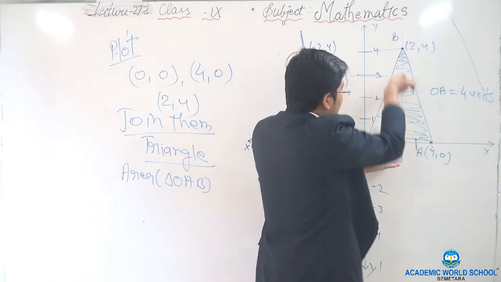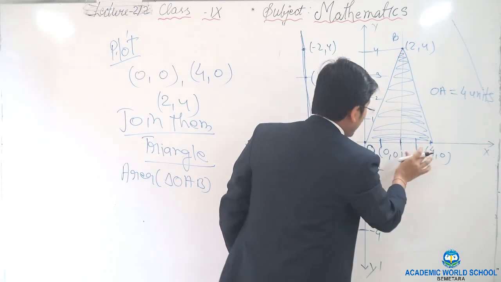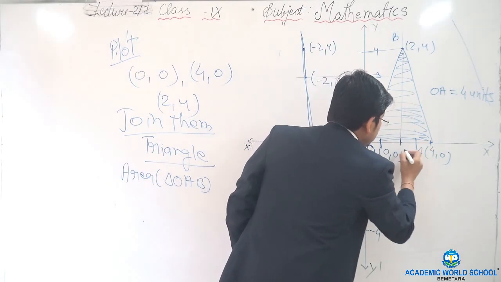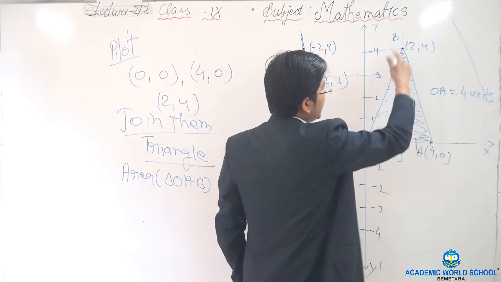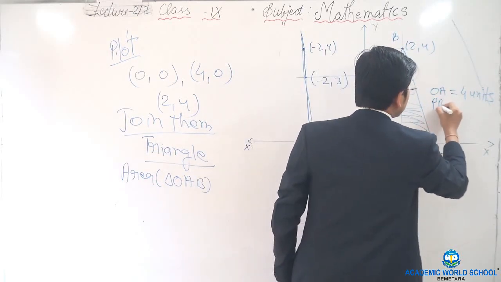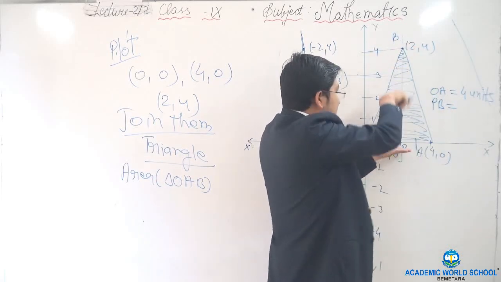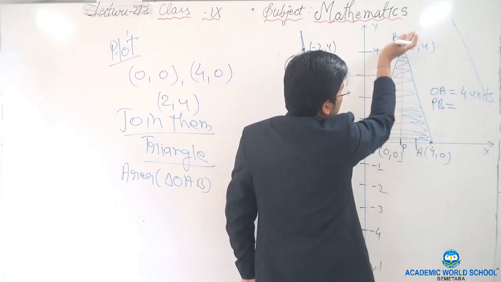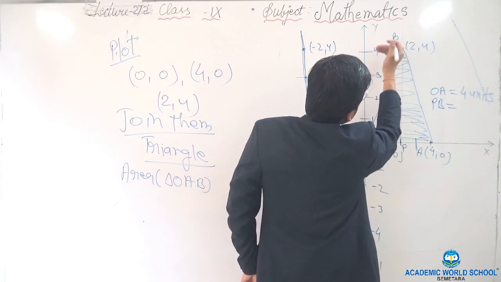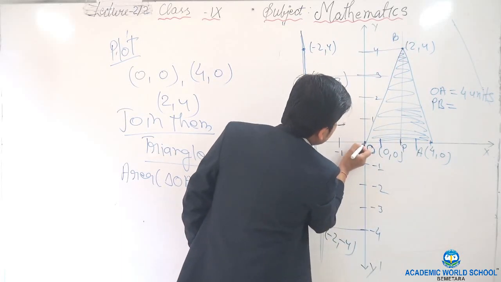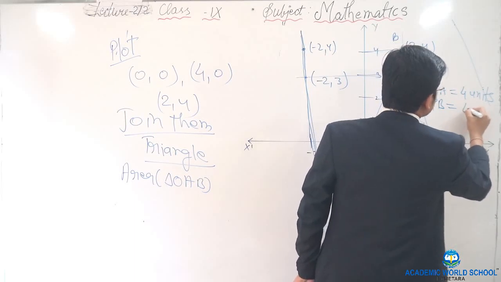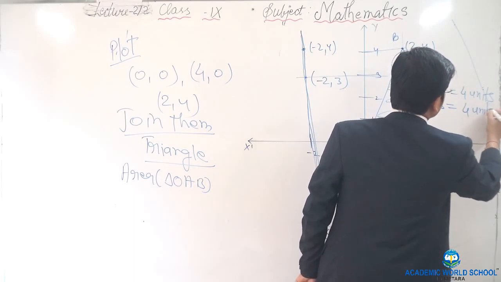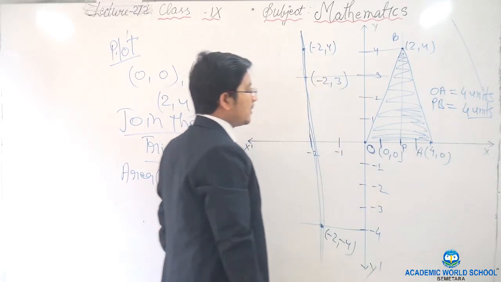Now this is the height of the triangle. Let's say this point is P. So PB is the height of this triangle. And what is the height? From head to head the distance is 4 units. So PB is 4 units.